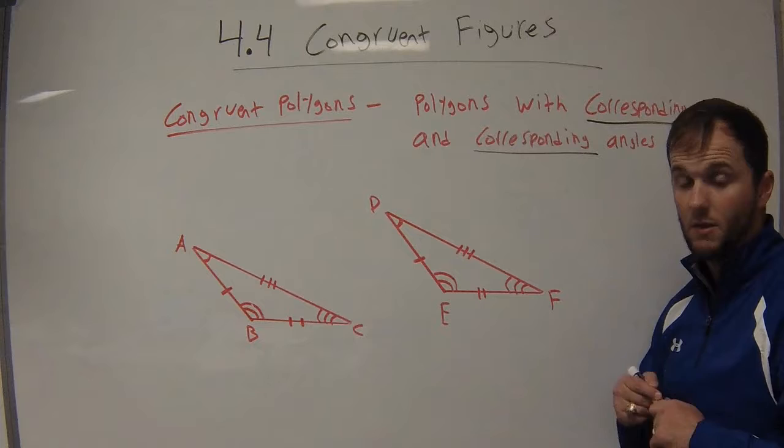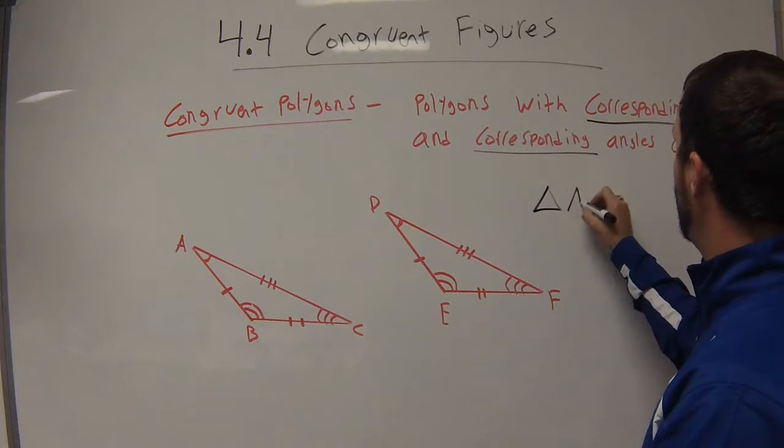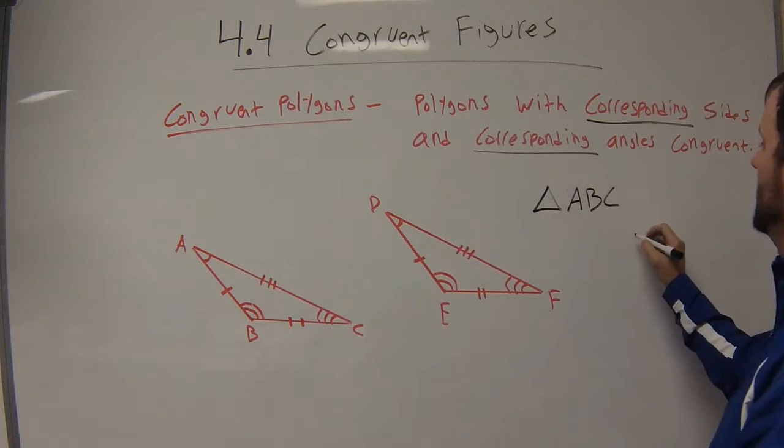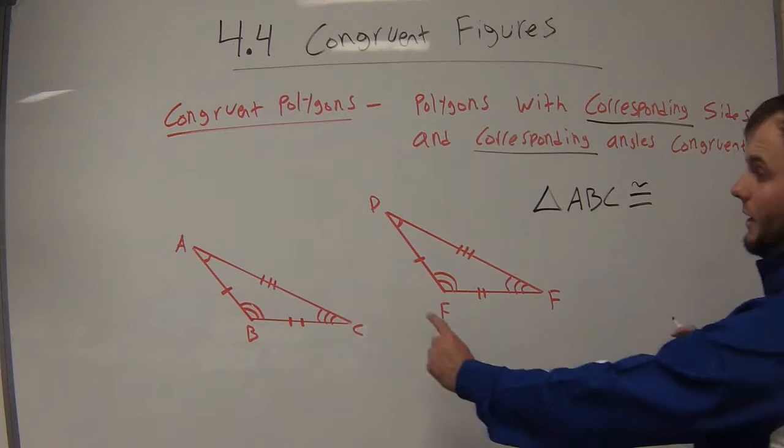The way I'm going to write this is triangle ABC is congruent, using the little congruence symbol, to triangle DEF.